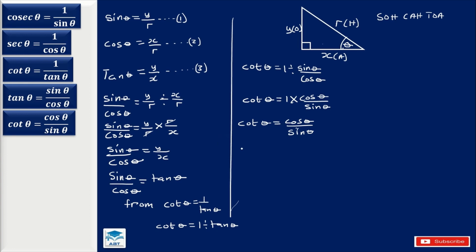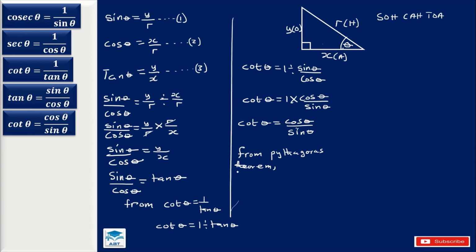And also from Pythagoras theorem, the hypotenuse square is equal to the sum of the squares of the other two sides.